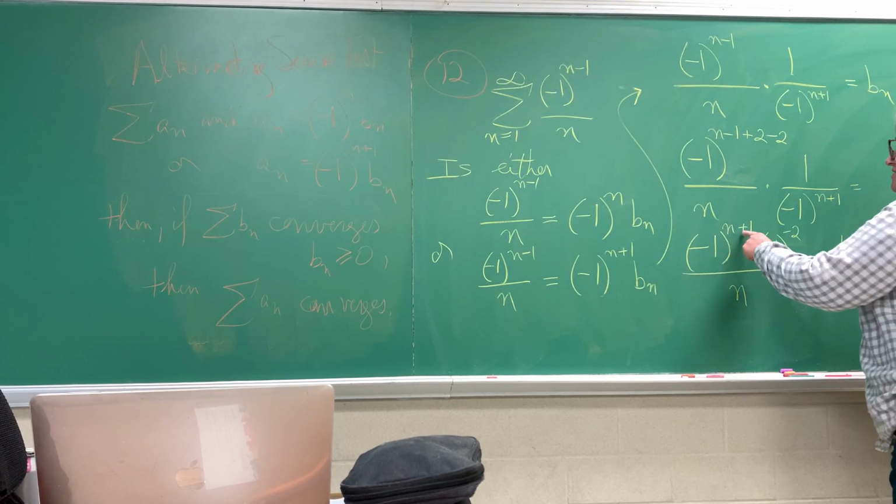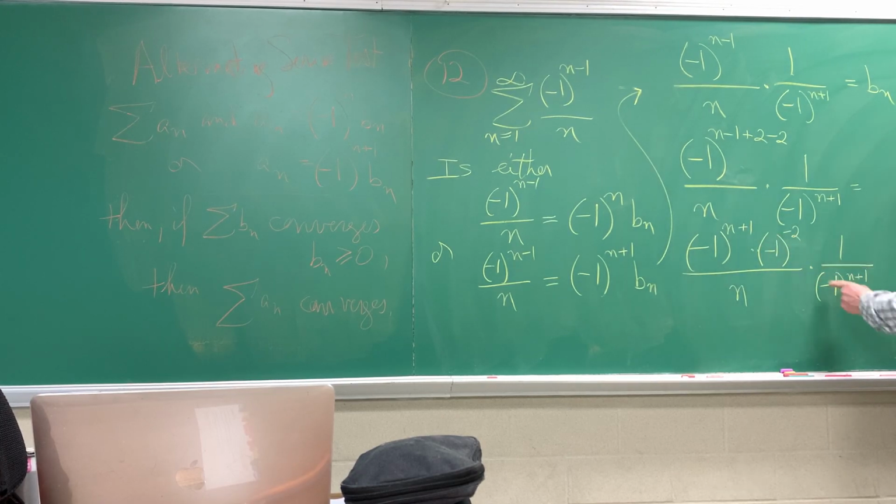Yeah. -1 to the n plus 1 exactly matches -1 to the n plus 1. So we can divide those out. And all we have to do to find b sub n is mess around with this a little bit. How should I rewrite -1 raised to the -2? Right now I've got -1 raised to the -2, and it's all divided by n. How can I make the negative exponent go away? Put in the denominator. Good.